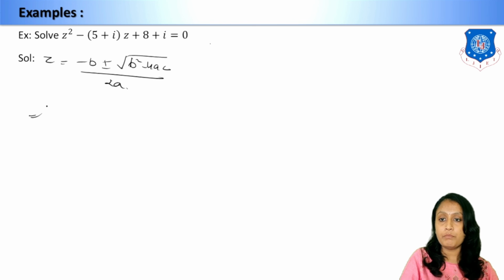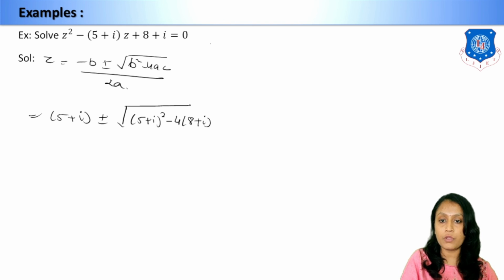Now here b is what? Minus (5 plus i). So you will get plus (5 plus i) over here, plus or minus under root b square, that is (5 plus i) whole square, and minus 4, a is 1 and c is what? 8 plus i. Okay, upon 2.